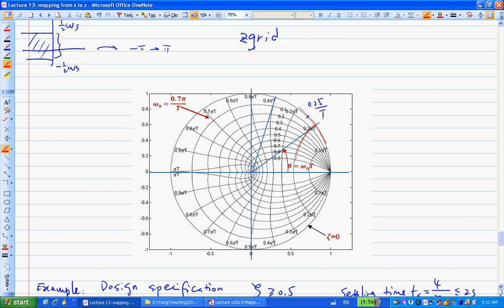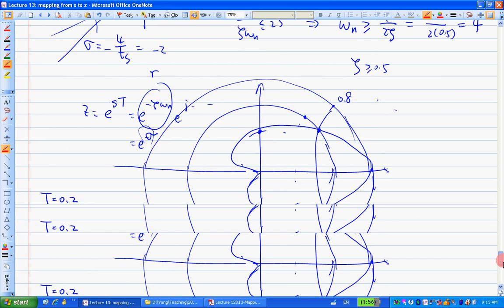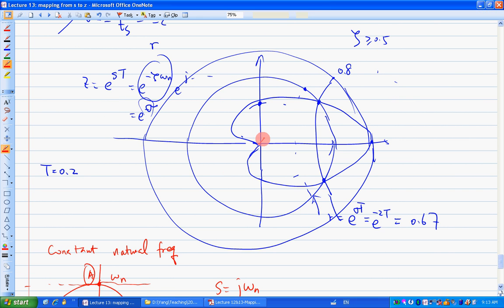When you connect here to here, that should be tangent here, and the corresponding angle is omega n T. If I draw it correctly and this value is 0.8, then this angle here is 0.8. Was that good?